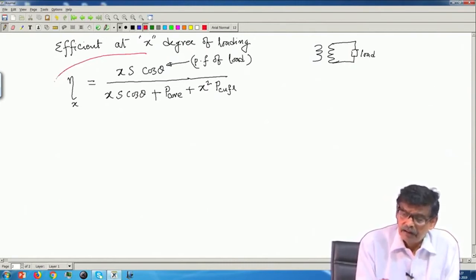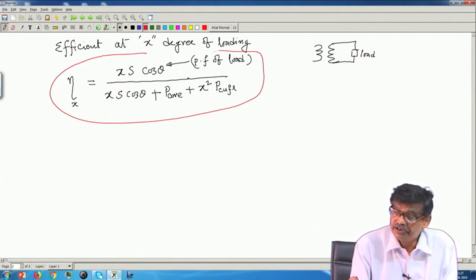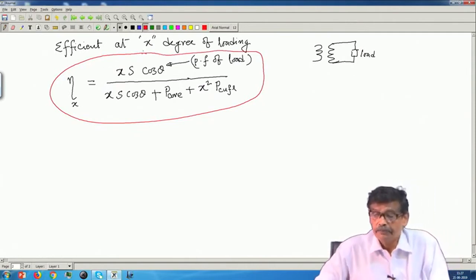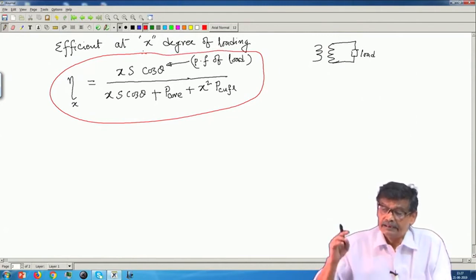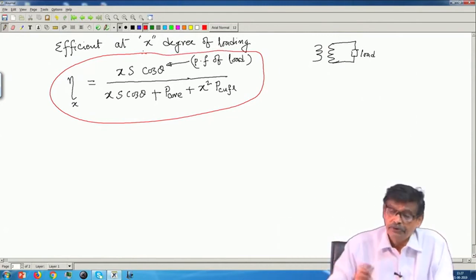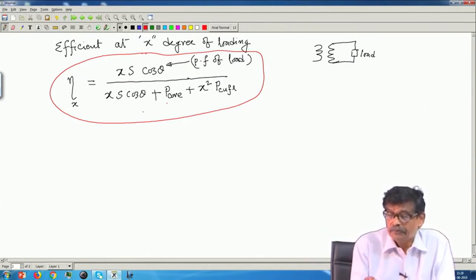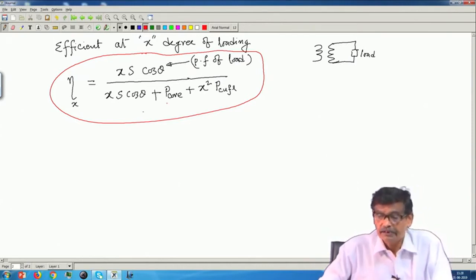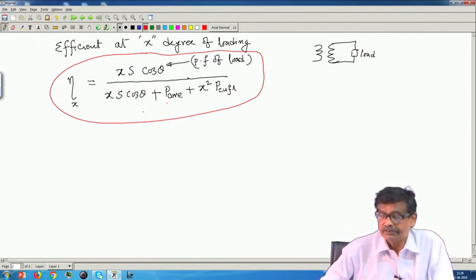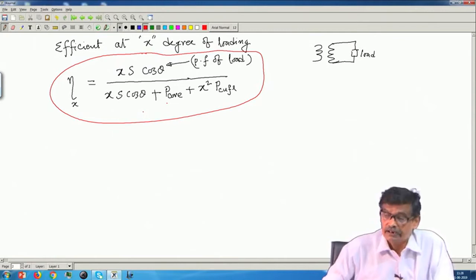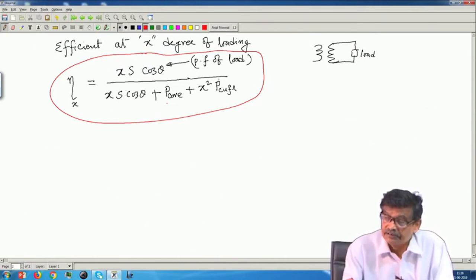Therefore, I can calculate the efficiency of a transformer at any degree of loading and at a given power factor of the load, because this P core is known to me from the open circuit test, and PCU full load is also known from the short circuit test.